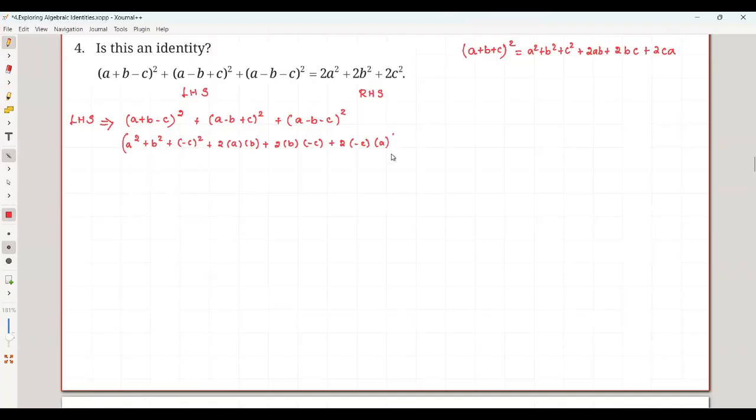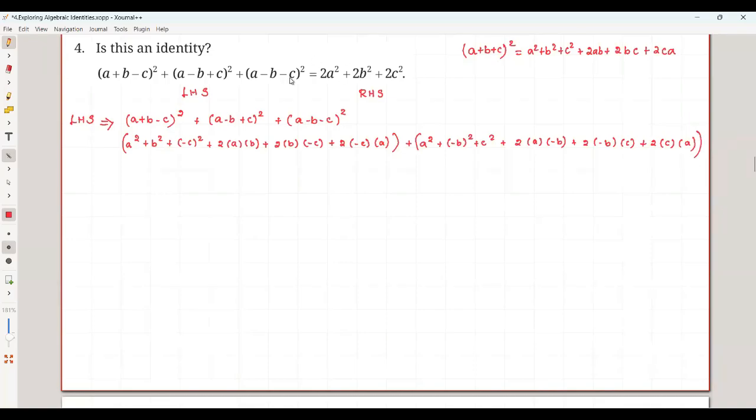Next, plus again use the same formula: a square plus b square plus c square plus 2ab, plus 2bc where b is minus, so 2b into c, plus 2ca. The c value is c, the a value is positive only. This is the second term's explanation.